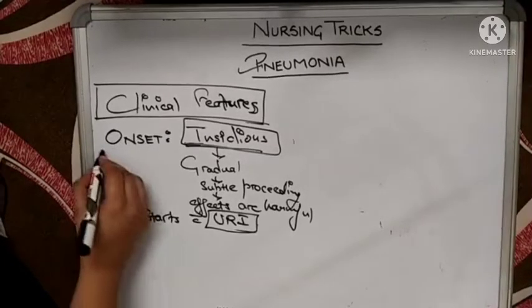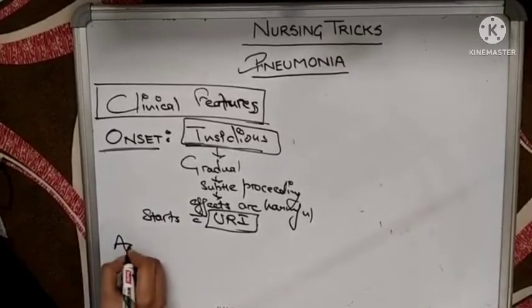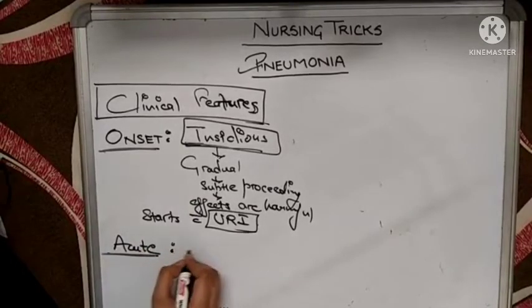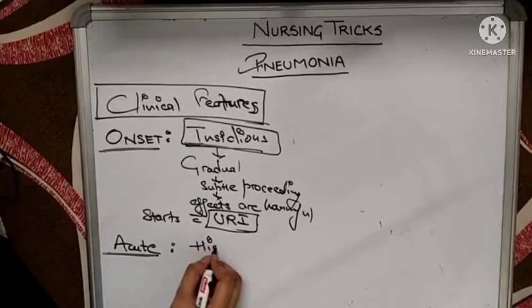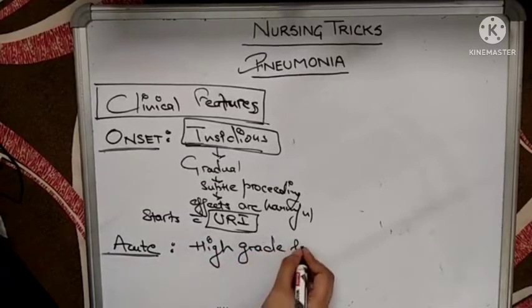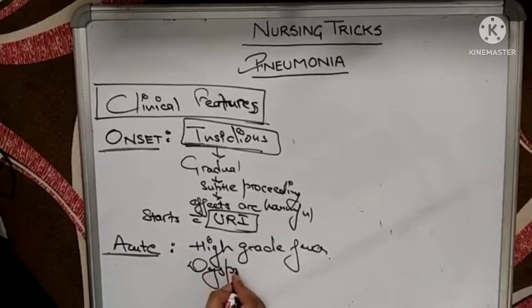We have seen about the onset of this particular disease. Now if there is an acute onset of this particular disease, we will see high grade fever, and then we will see dyspnea and grunting respiration.